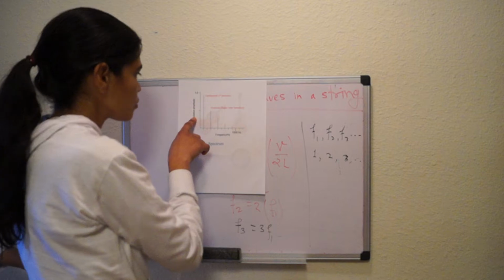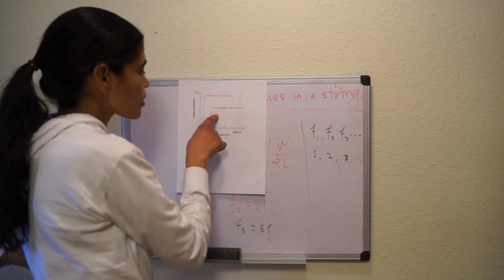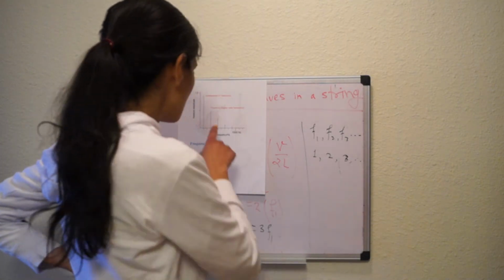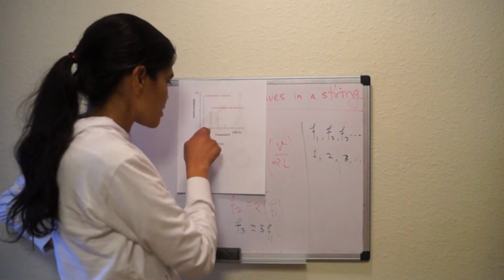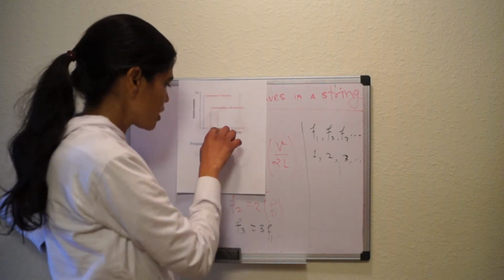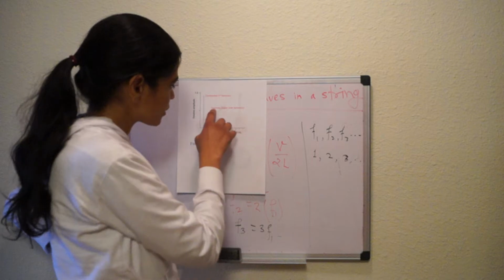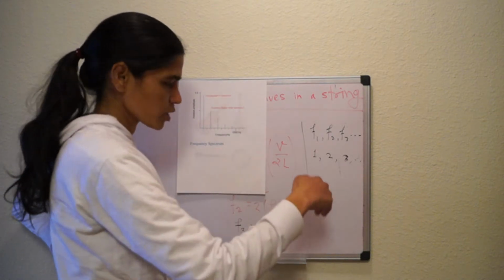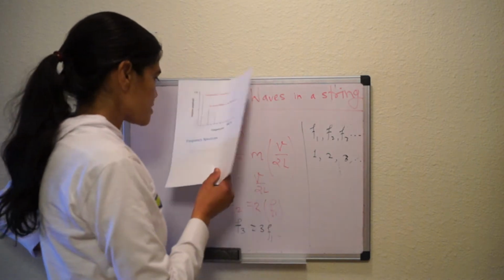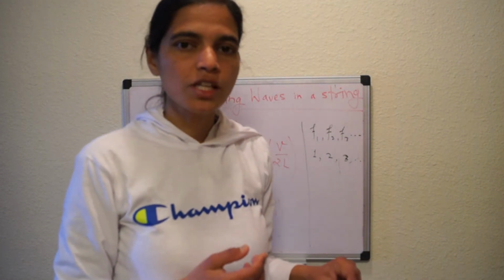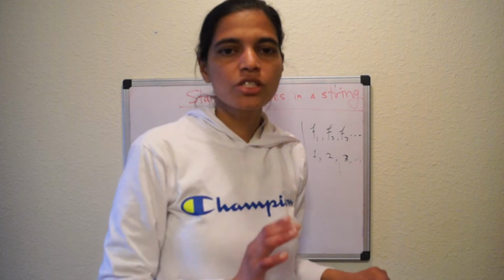Once we get to the overtones, meaning higher order harmonics, as you increase the frequency, the amplitude goes down, and significantly so, almost looking like an exponential decrease. So that's the frequency spectrum. As we go towards higher order harmonics, the relative amplitude goes down.